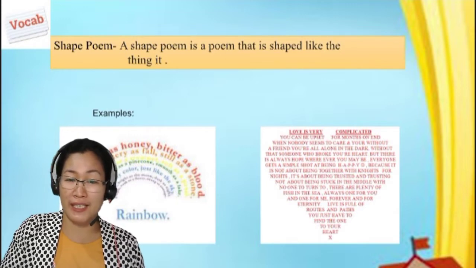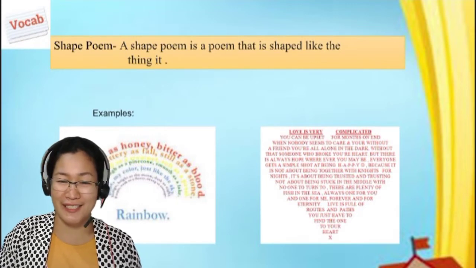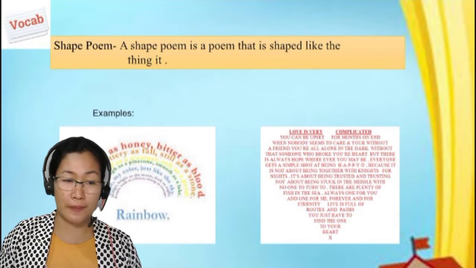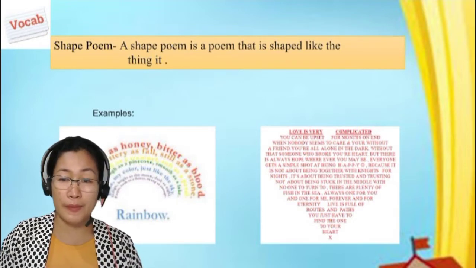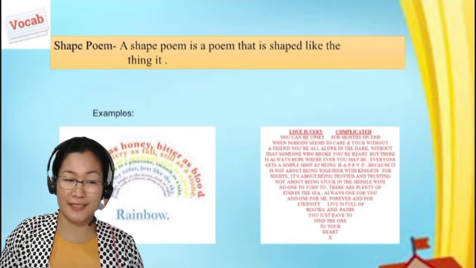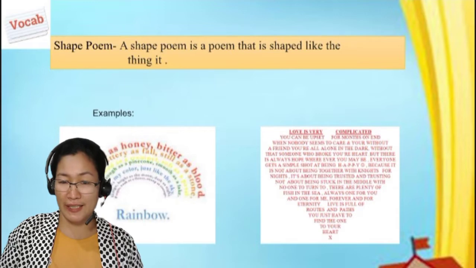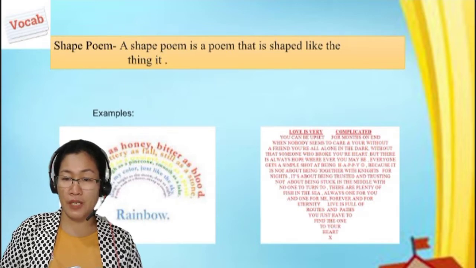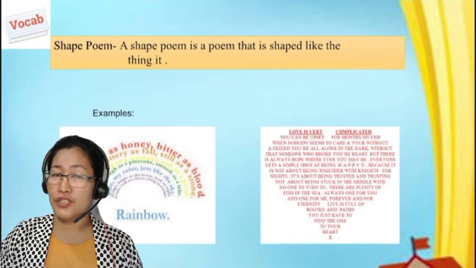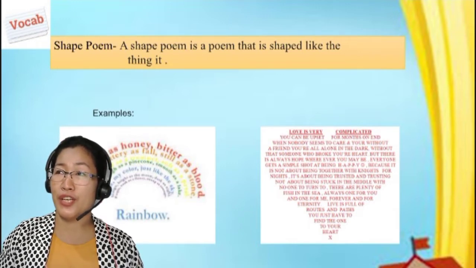That's why it has a shape like a heart. So these are some examples of shape poems. A shape poem is a poem that is shaped like the thing in it. Do you understand a shape poem? Yes, this is a poem that has a shape like a thing in it.